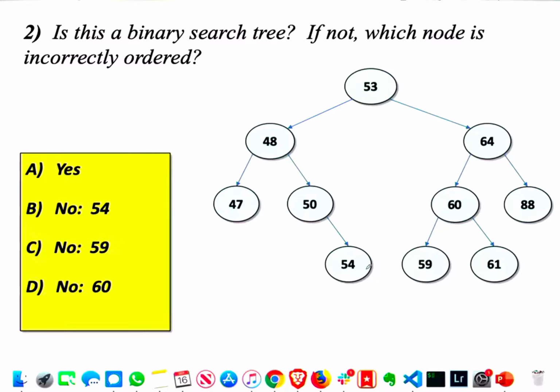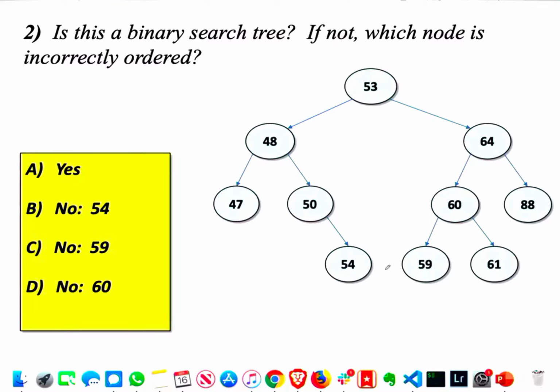Like we mentioned, everything that's greater than the root node should be towards the right-hand side of the root node. And in this case, 54 is greater than the root node and it's towards the left. So everyone understands why this is not a valid binary search tree.